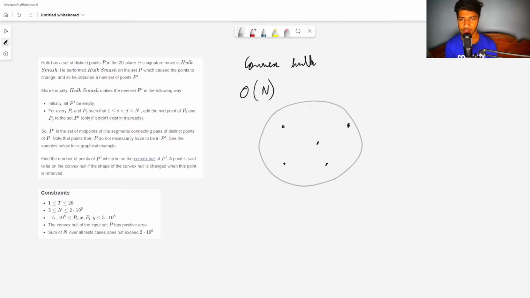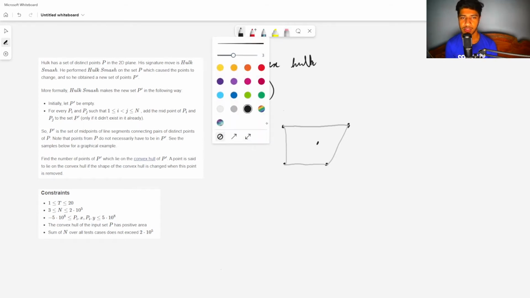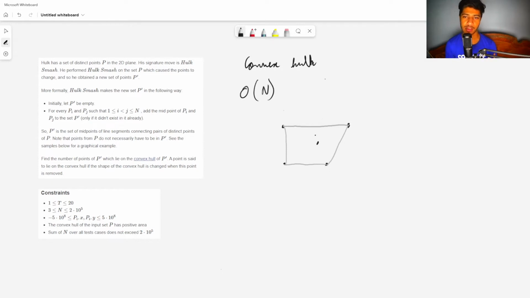The rubber band will naturally shrink, right? So what will be the final form of this rubber band? It will be something like this. That gray shape is known as the convex hull of these 5 points.